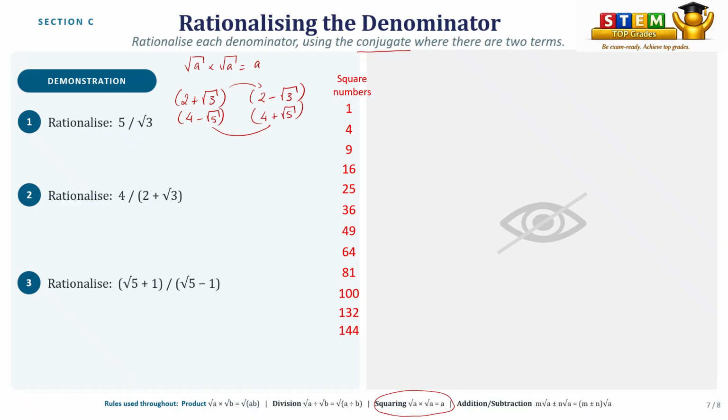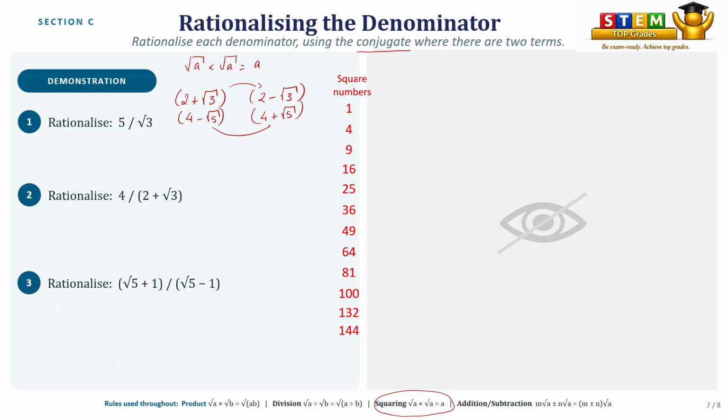So you will notice what I've done is I just swapped the positive for the negative and the negative for the positive. So hopefully you have understood the idea of conjugate. All right, okay, so let us see why we're using conjugate.